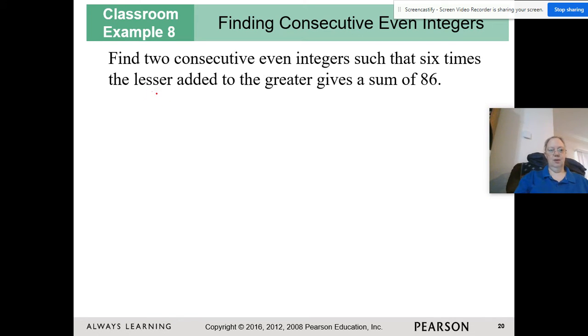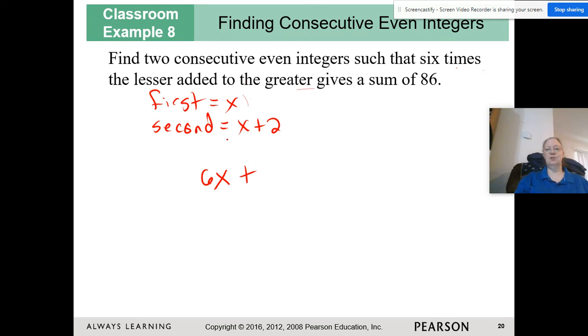So I've got my first one is going to be x, and my second one, remember they're even, so they differ by 2, which means in order to get to my next one, I have to add 2. 6 times the lesser, meaning the smaller, that's my first one, so 6 times x is added to the greater, added to my second one, gives a sum of 86. 6 times the smaller one added to the bigger one.